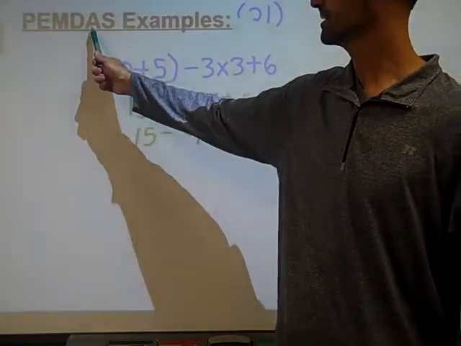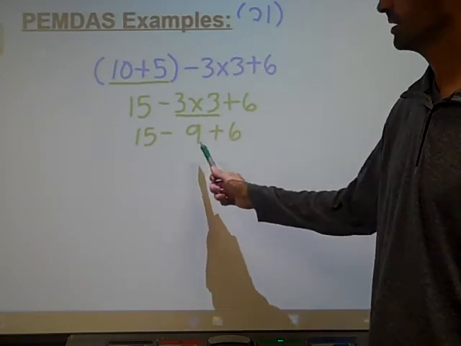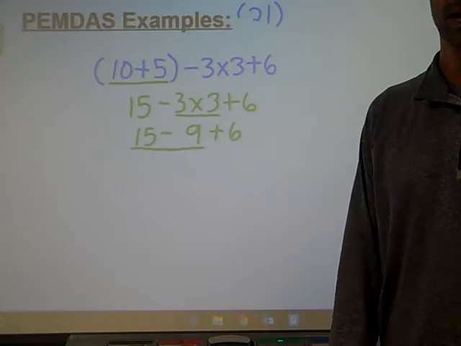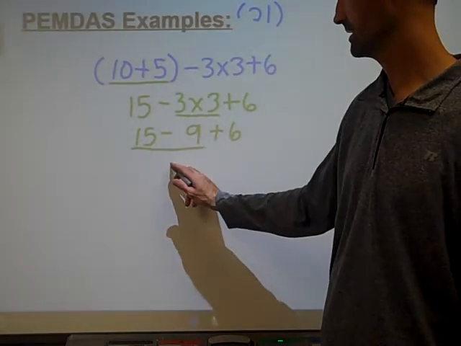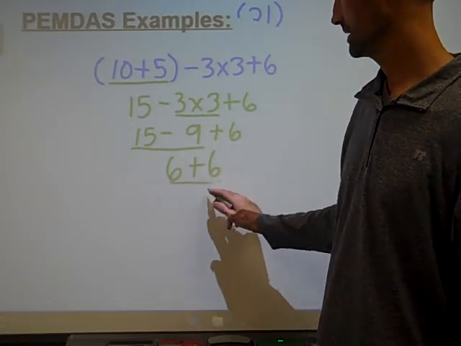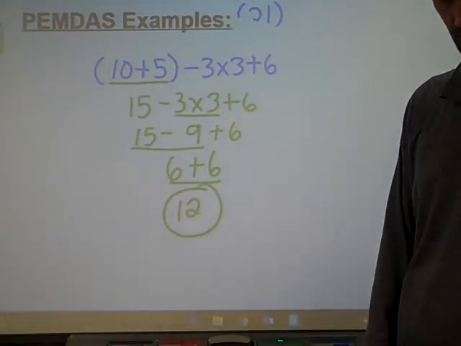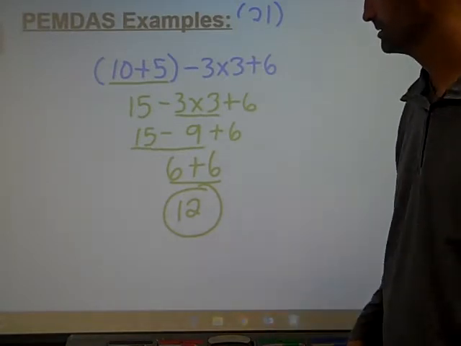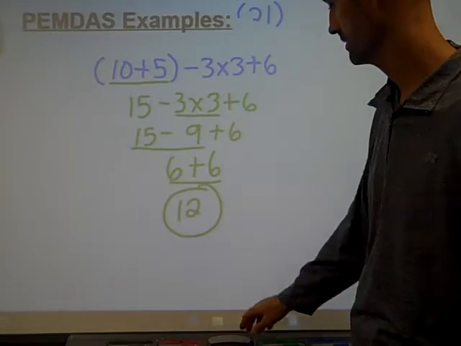No. Is there addition or subtraction? Yes, there's both. Which one comes first? In this example, the subtraction comes first. 15 minus 9 is 6. Copy everything else. And 6 plus 6 is 12. Again, stop the video as you need to make sure you're getting this all in there. Okay? All right.